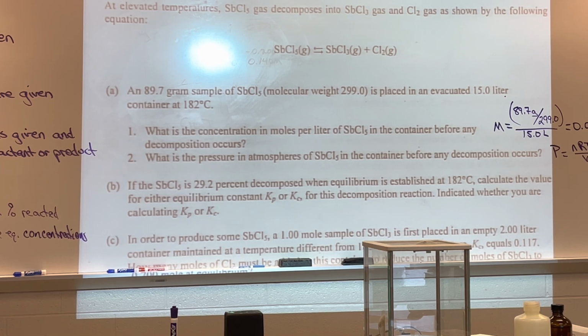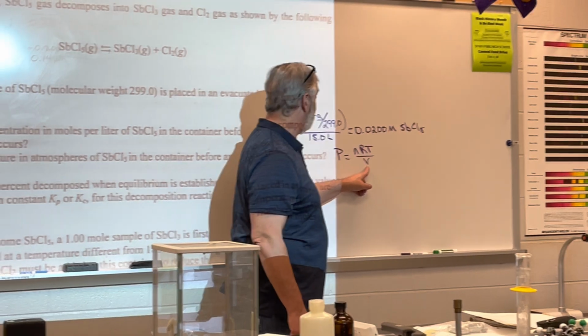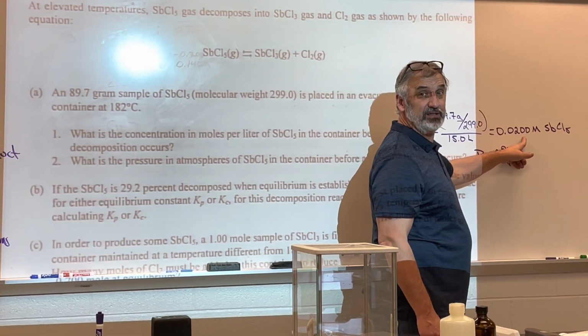All right, how can we make a shortcut on PV equals nRT, without having to go and calculate moles and volume? P equals nRT over V. N over V, we know, is molarity.